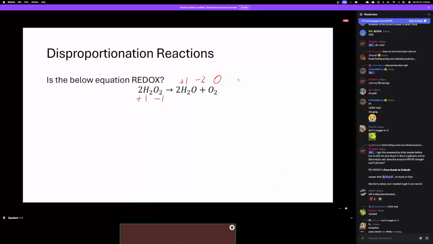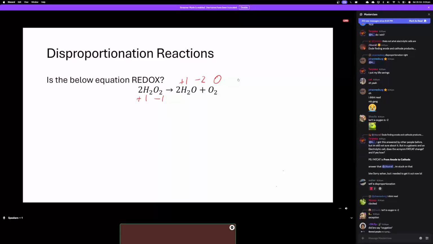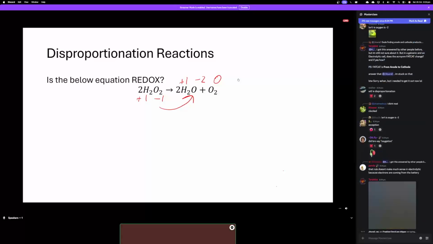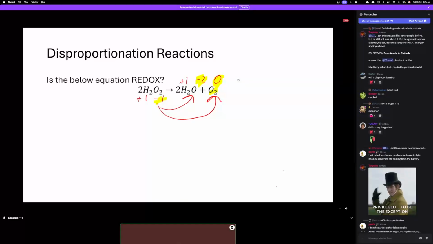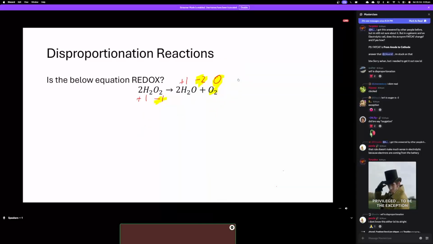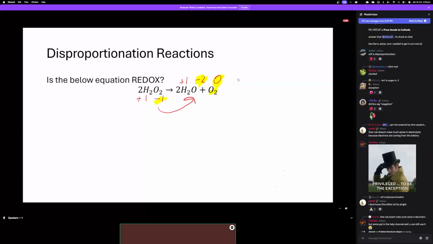Disproportionation is where, notice how oxygen here goes from -1 to -2, and it goes from -1 to 0. We have a 0 coming from this -1, and we have a -2 coming from the -1. This is disproportionation. It is when the same element gets both oxidized and reduced. So from here to here is a reduction, I'll just write red. And from here to here is oxidation.